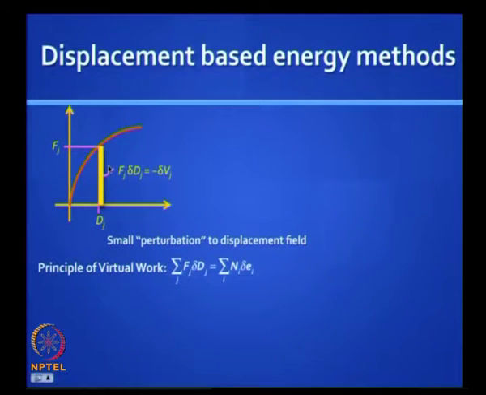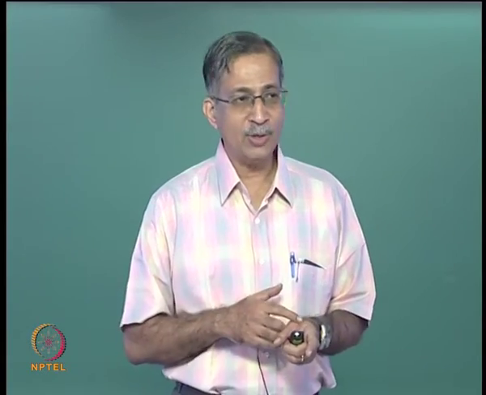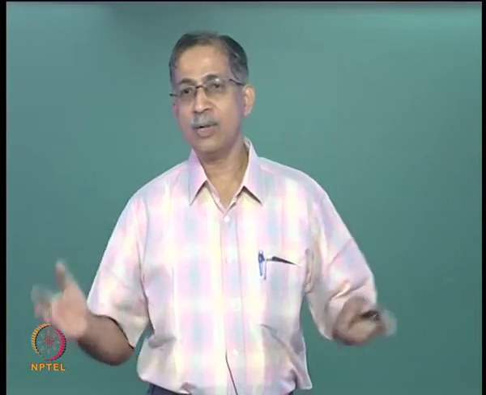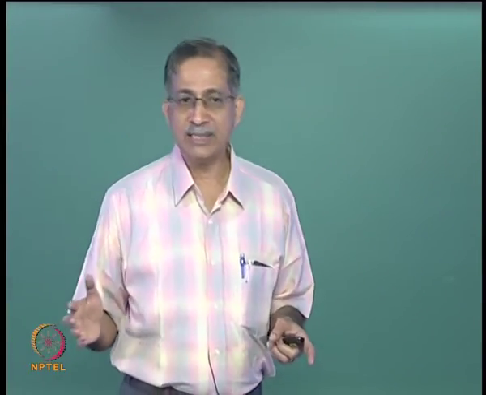So, you will find that the external work or virtual work is fj delta dj, and if you give it a negative sign, it becomes the increment or the variation in the load potential energy. Now, if you sum up this over all the joint locations, you get the total load potential energy variation.